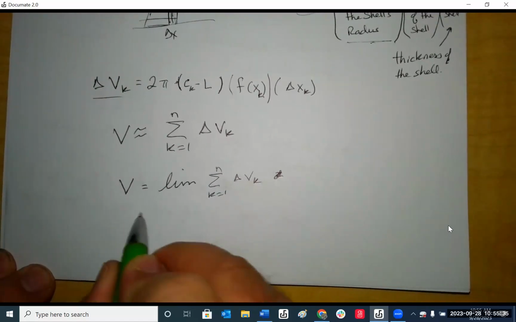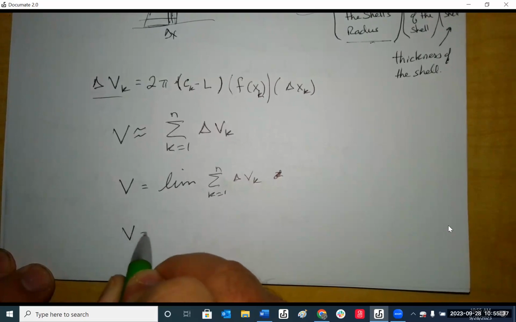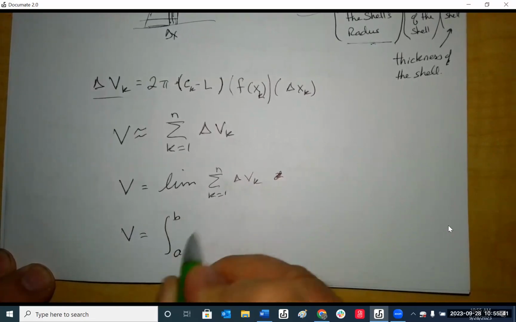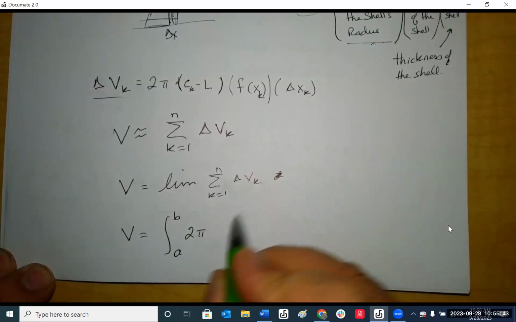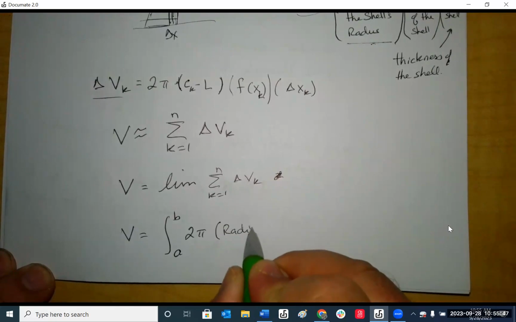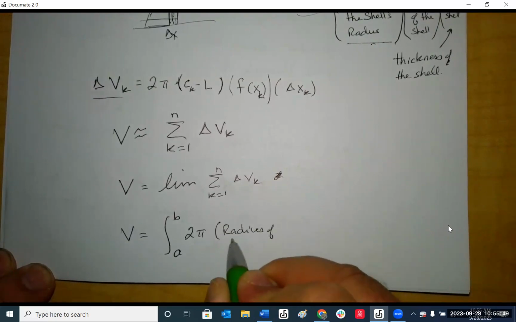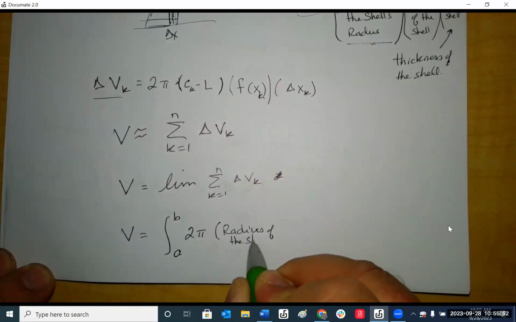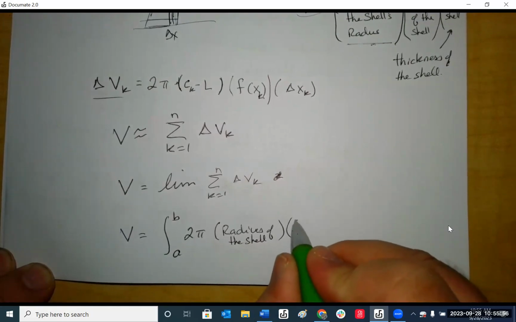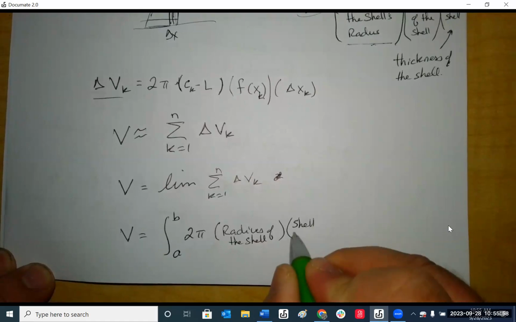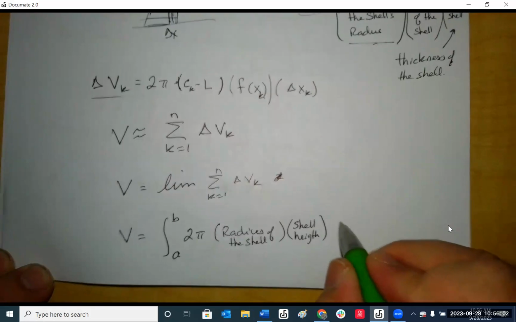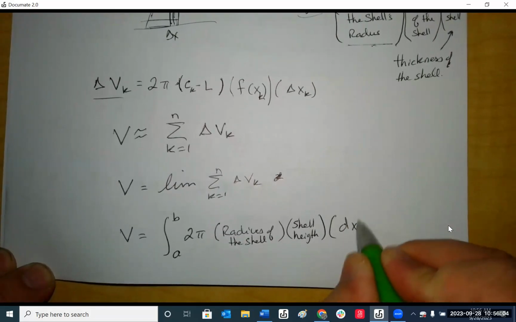That's the Riemann sum, which gives us this equation. It's the integral of 2 pi times the radius of the shell times the shell height times dx.